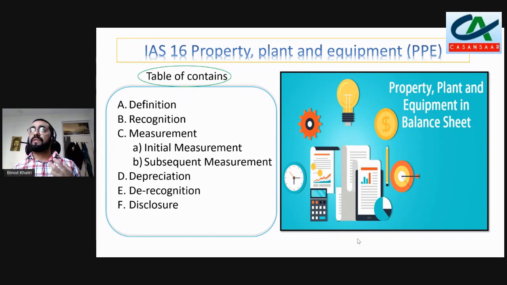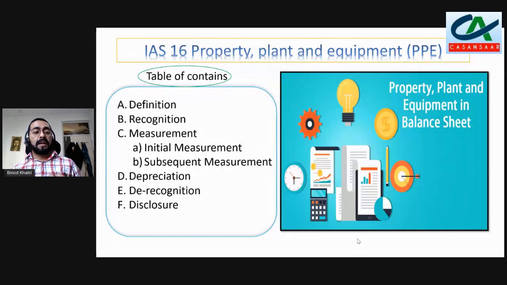So there used to be two different accounting standards for PPE, but now it is consolidated into one single international accounting standard, IAS 16. So both measurement and recognition of fixed assets, also called PPE, are covered by this standard, as well as the depreciation process for PPE, in a single standard now.